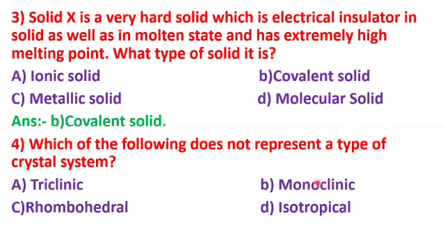Monoclinic is also a type of crystalline system. Rhombohedral is also a type of crystal system, but isotropical is not a crystal system. So answer would be isotropical. So here you have to remember the types of crystal systems.